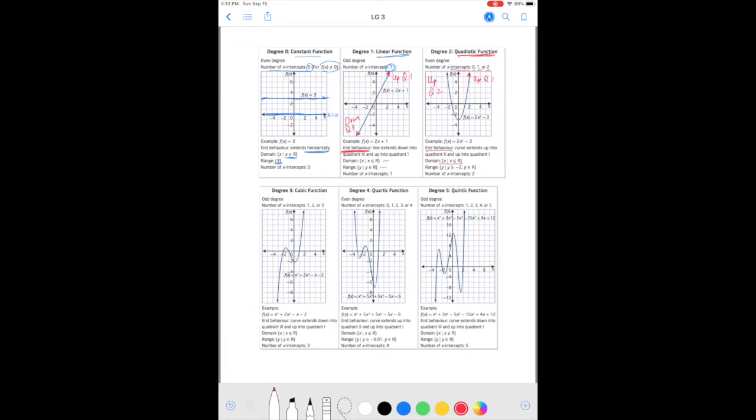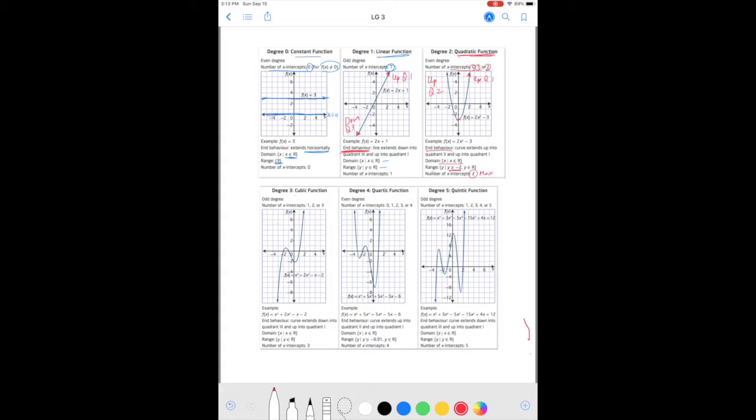And the domain is x ∈ R, because it goes on forever. And the range in this situation, you take the lowest point, and it's going to be -2. Okay? And this right here is just telling us it's the maximum number of intercepts. But remember, it could have 0, 1, or 2.